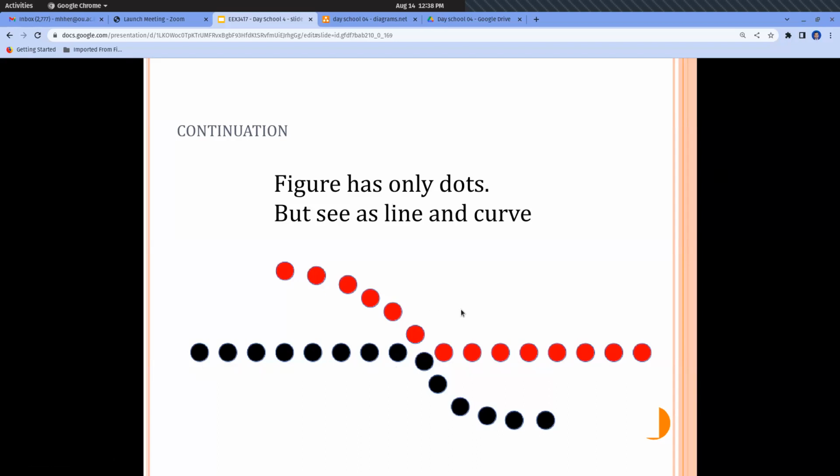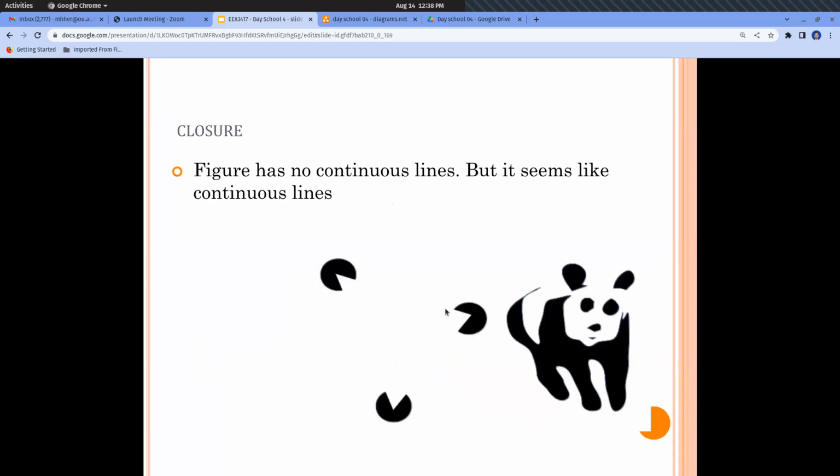These are all continuation, these are all illusions. A figure has no continuous lines, but it seems like continuous lines. These seem like triangles, but they are not actually triangles.